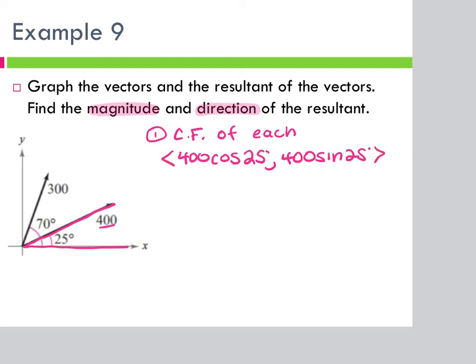So I get 400 cosine 25, and that's 362.52. Then I do 400 sine 25, and I get 169.05. So that would be the component form of the pink 25 degree angle one.